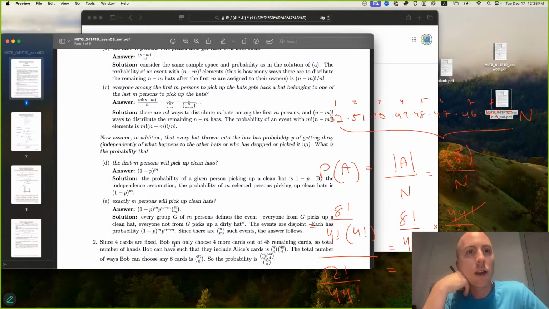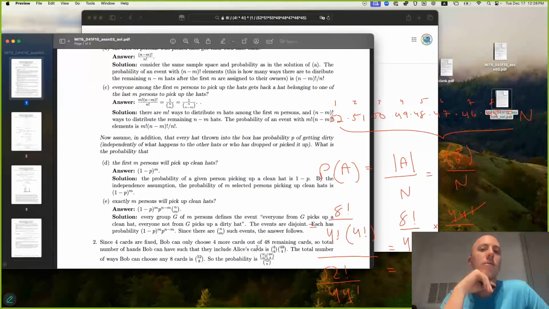Total number of hands. I don't understand this. Since 4 cards are fixed, Bob can only choose... Okay.